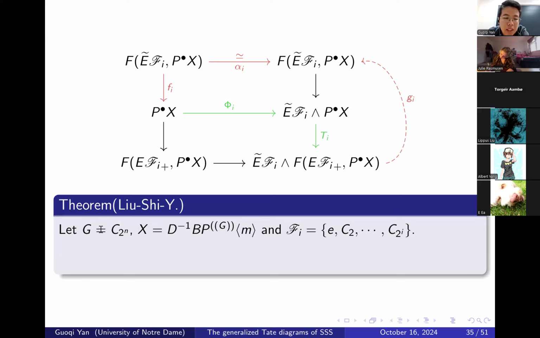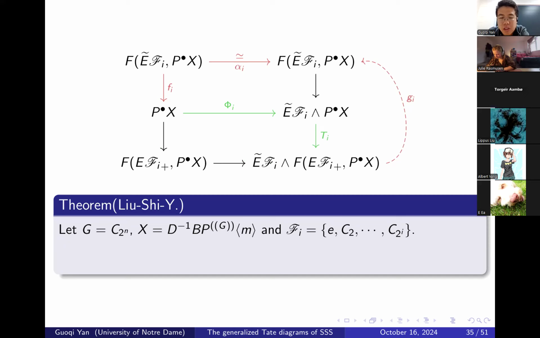The setup is that we have a general cyclic 2-group, and X is the general form of D inverse BP_G M. Recall our notation that F_i is the family from the trivial group to C_{2^i}. Then we consider the comparison between spectral sequences induced by the two composites. In the positive cone, we have a map from the slice spectral sequence to the Tate spectral sequence.